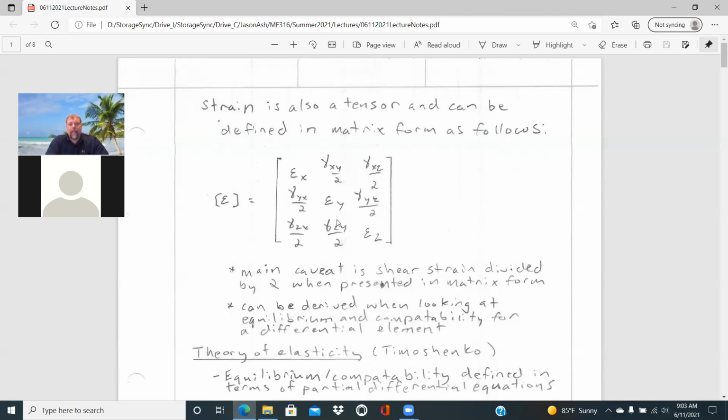And again, that can be derived when looking at equilibrium and compatibility for a differential element, and that constitutive relationship between stress and strain.